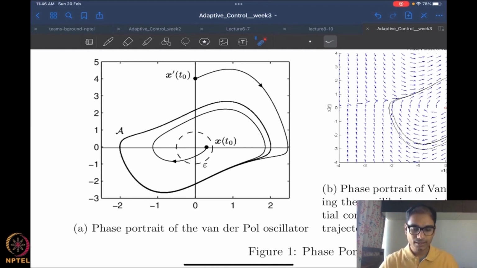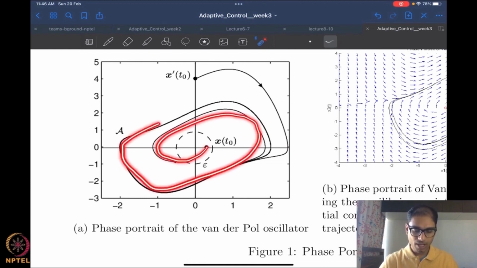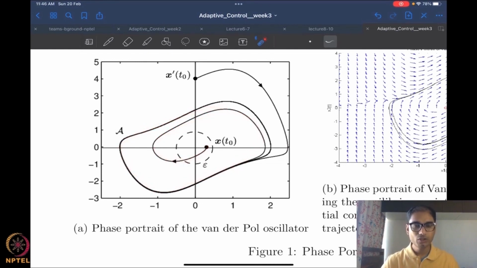Now in this case, this is absolutely not possible, as you can see, because anything inside this ball will always go to A. And we know that delta cannot be larger than epsilon, right? That's obvious. So equilibrium (0, 0) is in fact unstable.